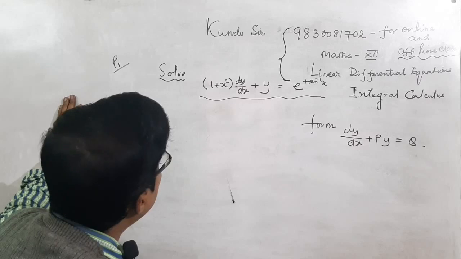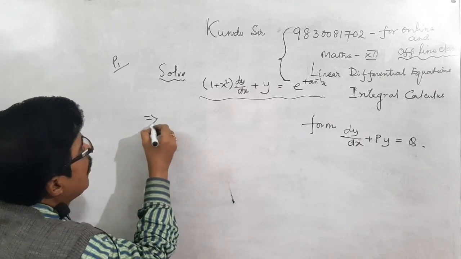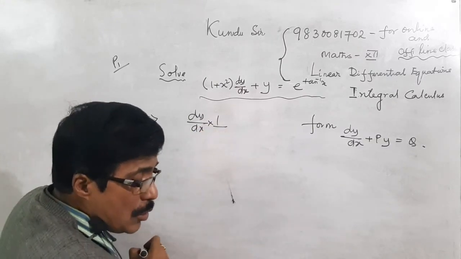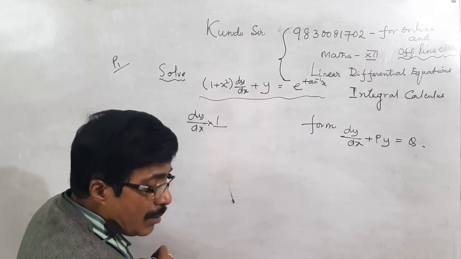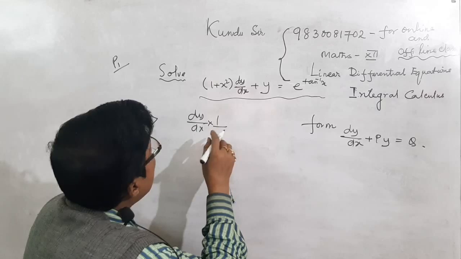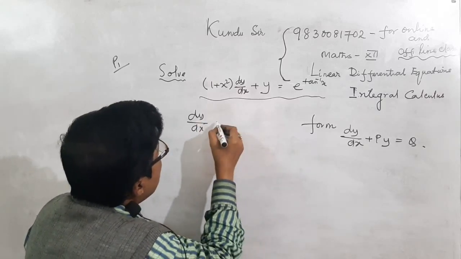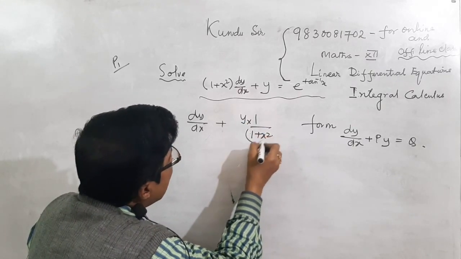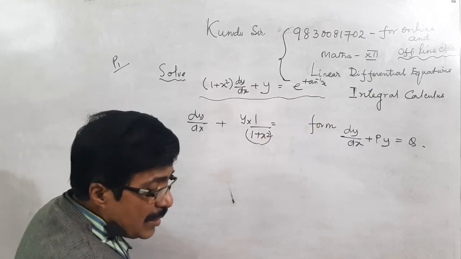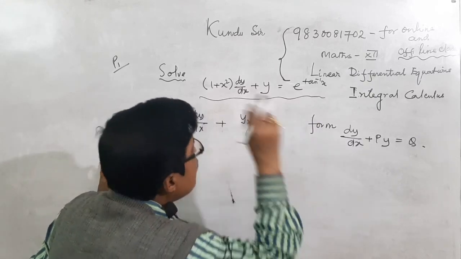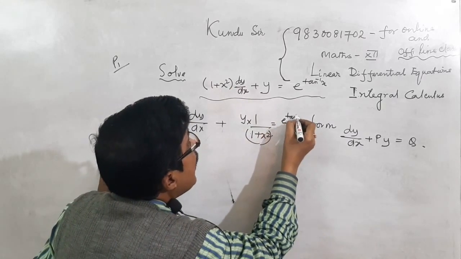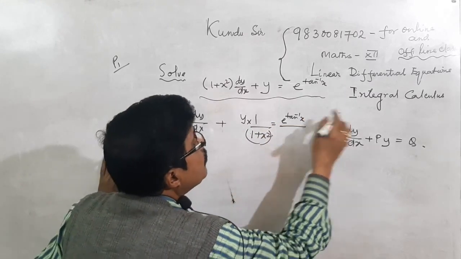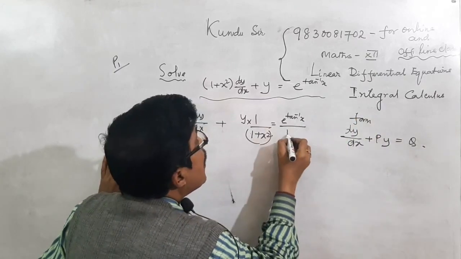So we can convert it by dividing by 1 plus x square: dy by dx plus y upon 1 plus x square equal to e to the power tan inverse x upon 1 plus x square.